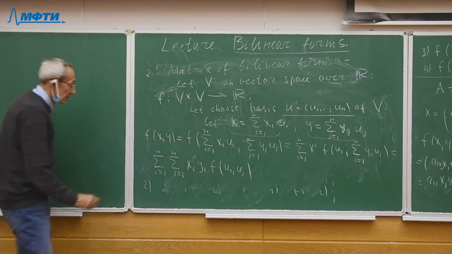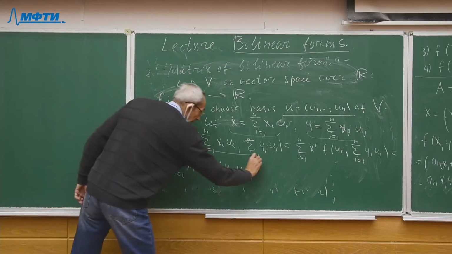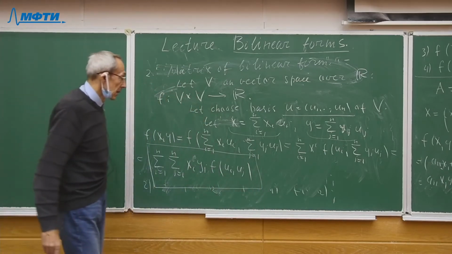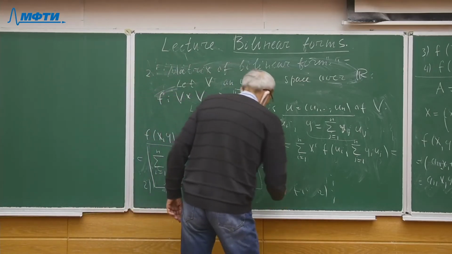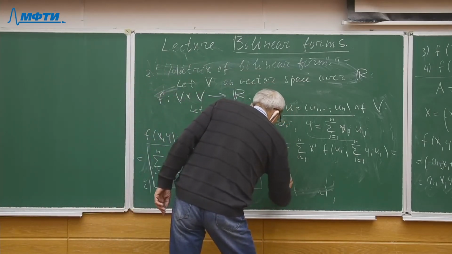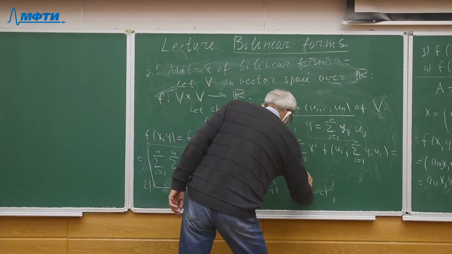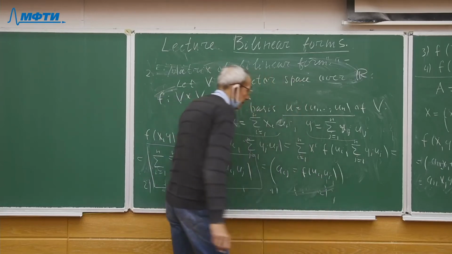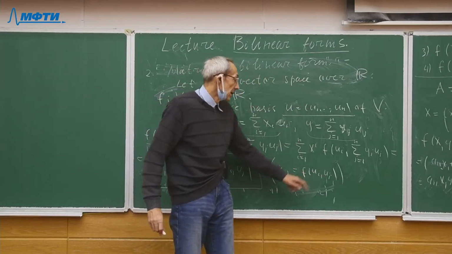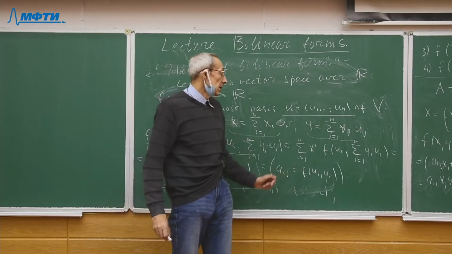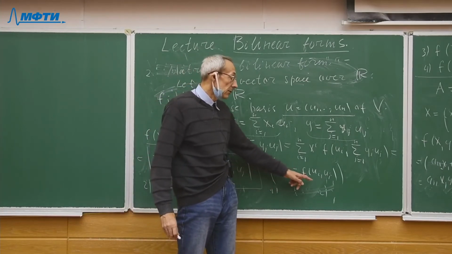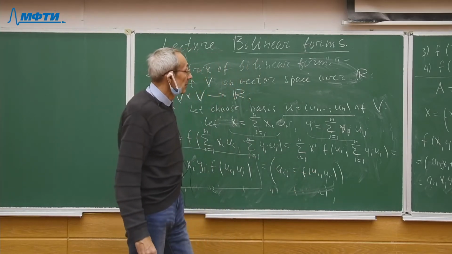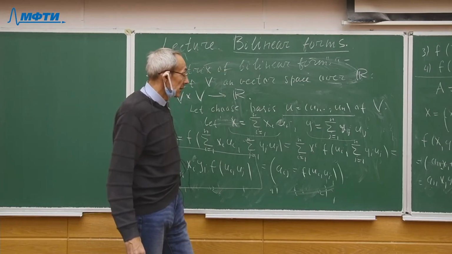And we obtain the following expression. Now we denote by aij the value of our bilinear form, which we calculate on the pair of vectors ui and uj.